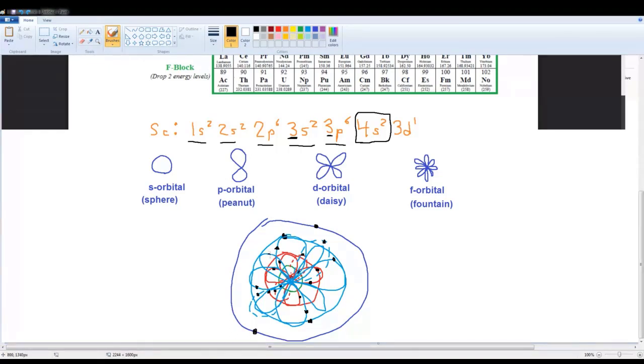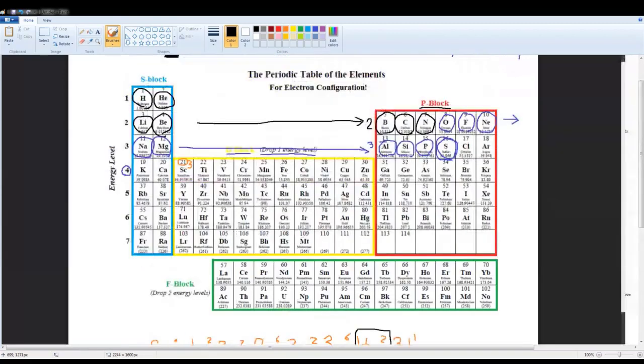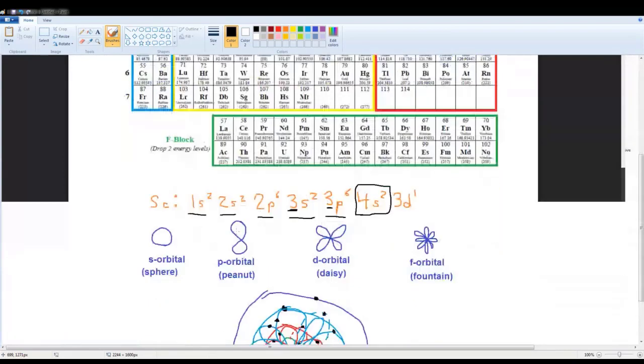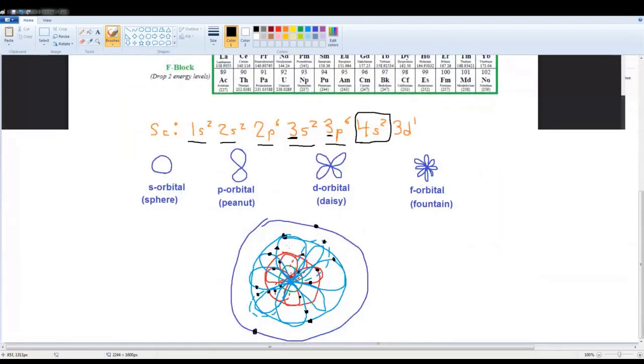It's higher energy because it requires more energy to weave around in this complicated pathway in the 3D location. And so that's why always the 4s comes before the 3D, the 5s comes before the 4D, and so on and so forth. You never actually fill up the 3D until after you fill up the outer S.